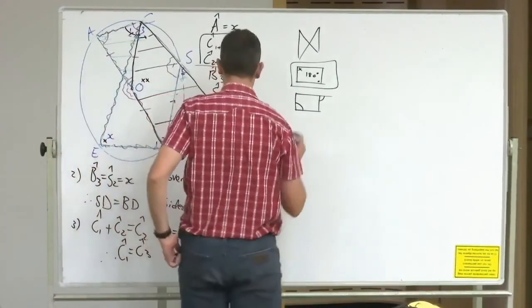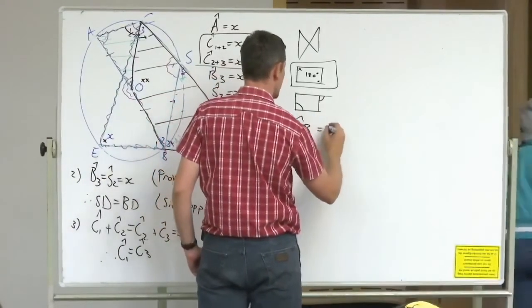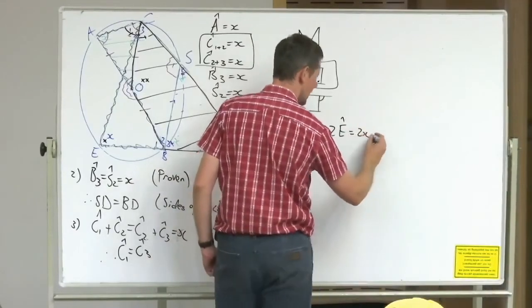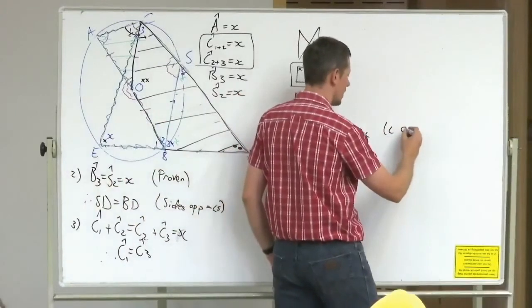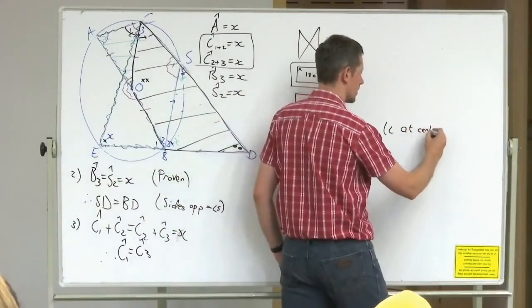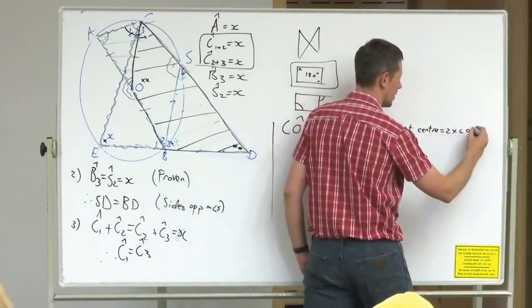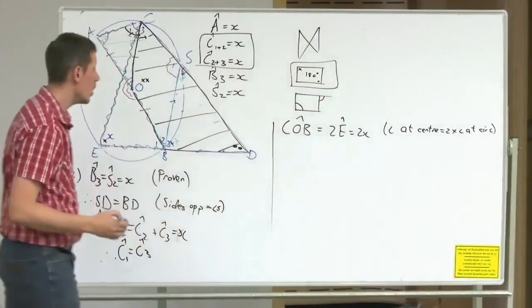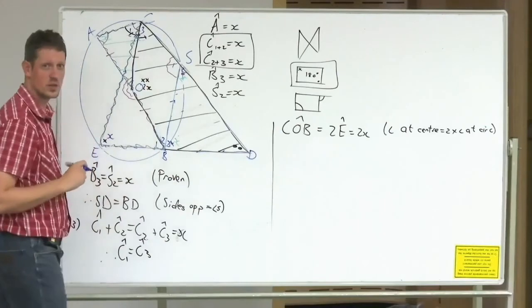So in other words, angle COB is equal to 2 times angle E, which is 2x, right? Why? Angle at center equal twice angle at circumference. You agree with me? But now, so this is 2x.